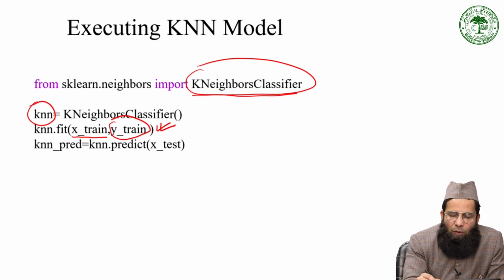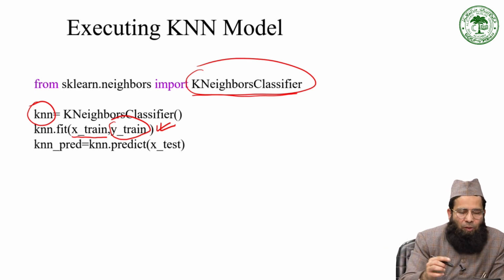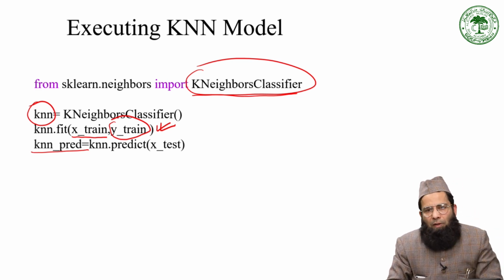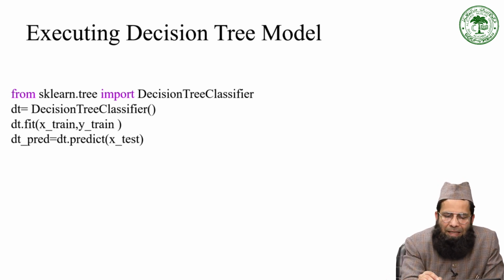Next, you want to predict the value, utilizing the testing data set. So this is your predicted value based on your model. Similarly, in the same manner you can execute decision tree as well.